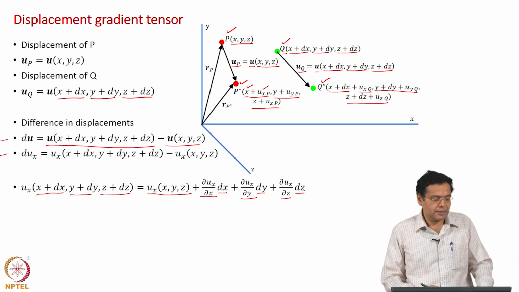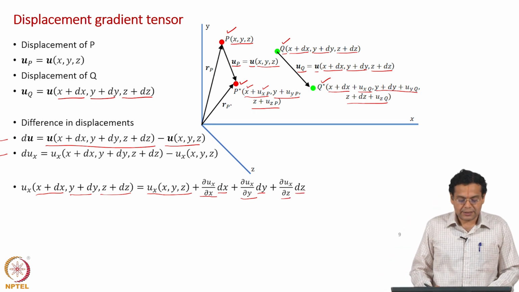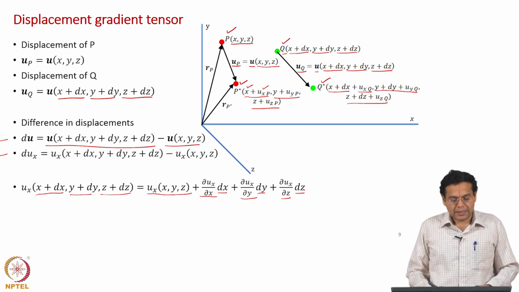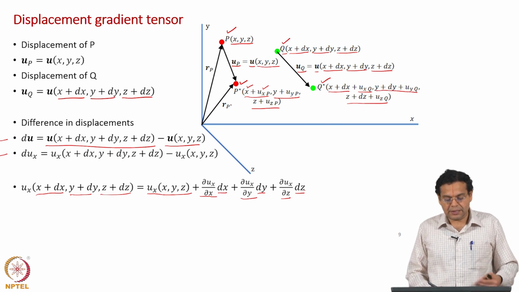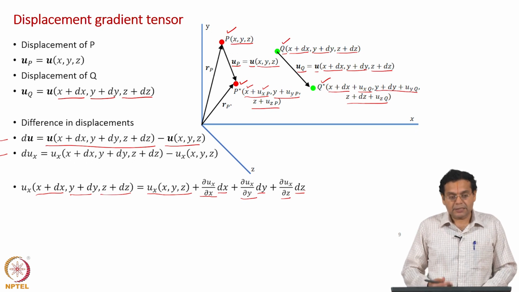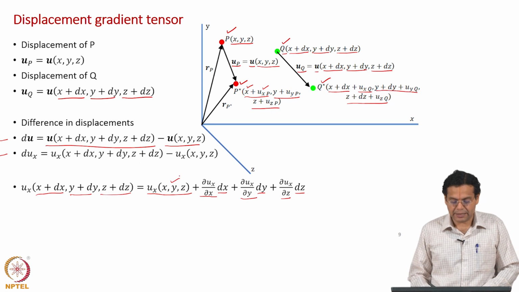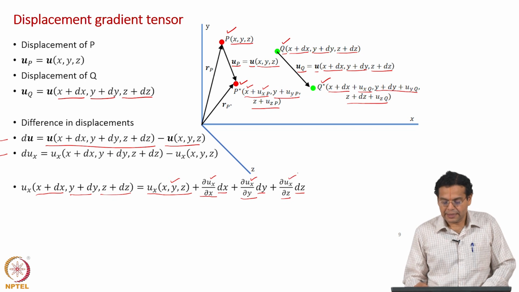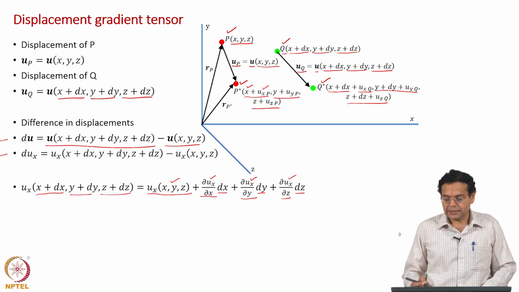So, what have I done? I have taken u x, which is the displacement of point q at x plus dx, y plus dy, z plus dz, and expanded it about x y z. The first term is u x at x y z, and then, usually the Taylor series has total derivatives, but because multiple variables are there, partial derivatives are there, and then we have dx, dy, dz.